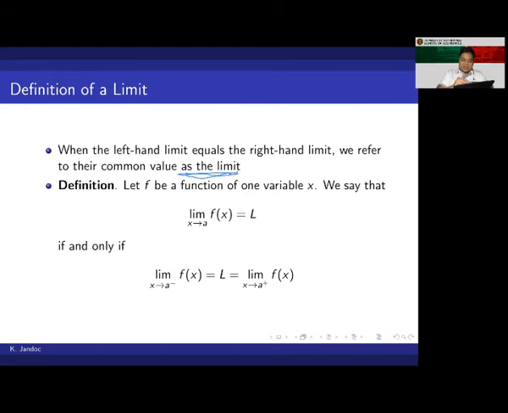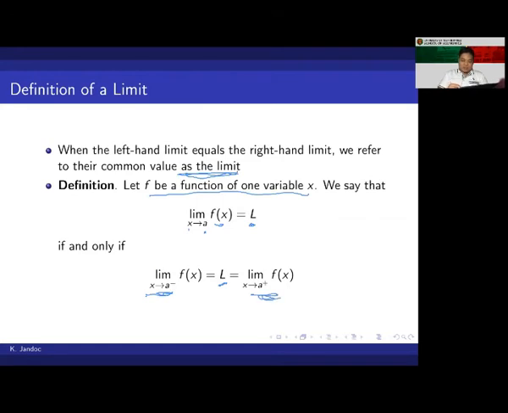So here's the formal definition. If f is a function of one variable x, then the limit of f of x as x approaches a is equal to L if and only if, as x approaches a from the left, the left hand limit is equal to L, and it will be equal to the right hand limit.